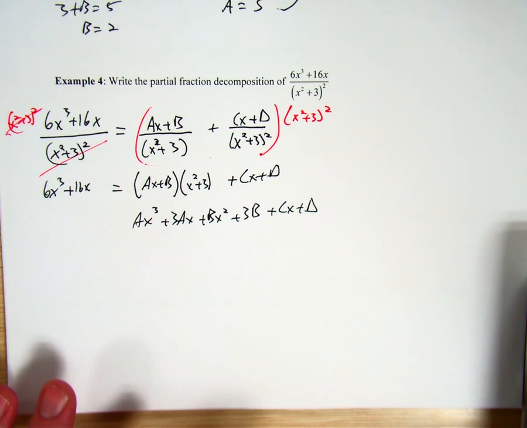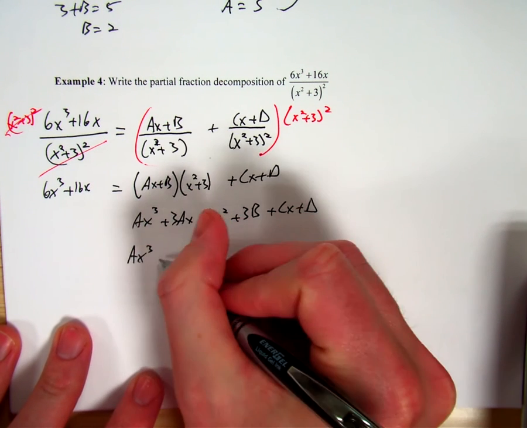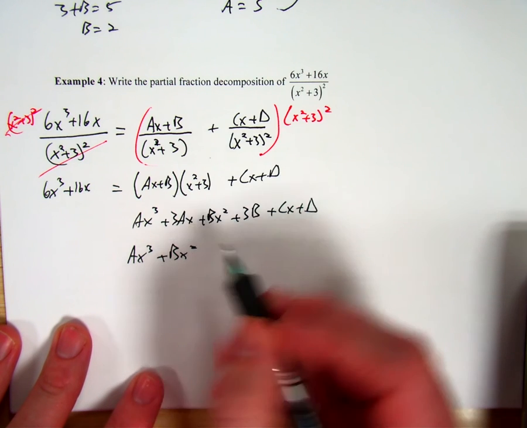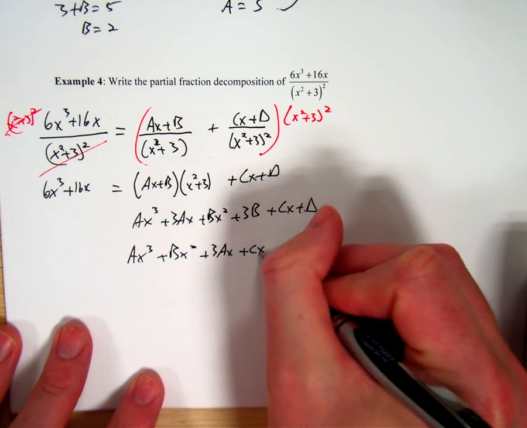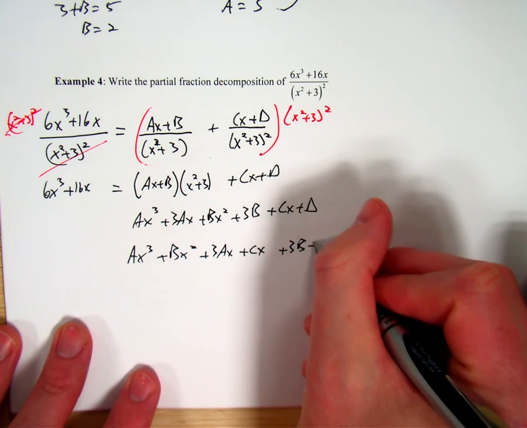If not, I'll continue to walk you through. We're going to rearrange. We got ax cubed plus bx squared, no other squareds, single x's, plus 3ax plus cx, no x's, we got plus 3b plus d.